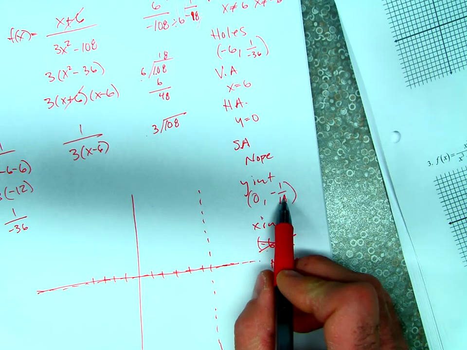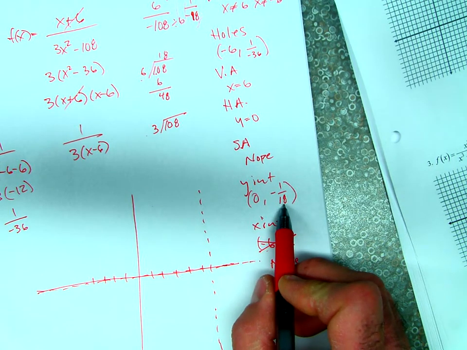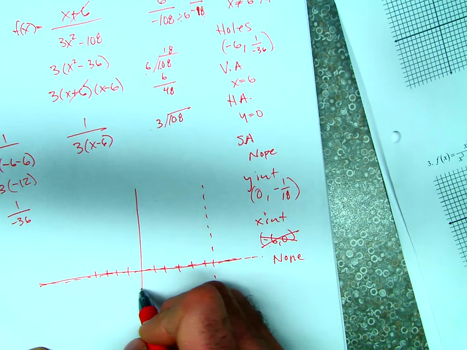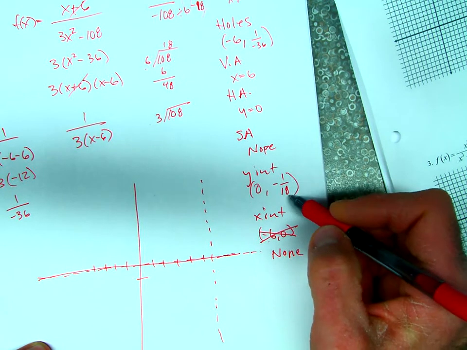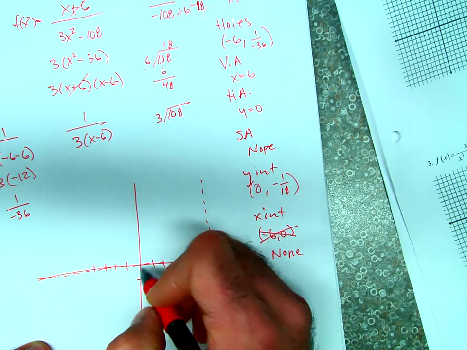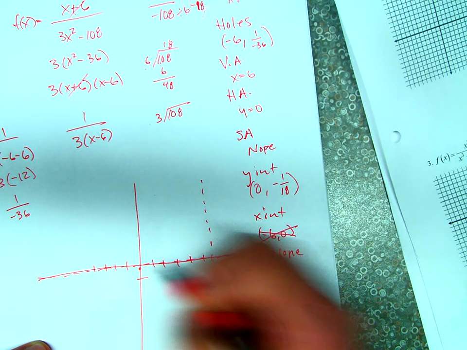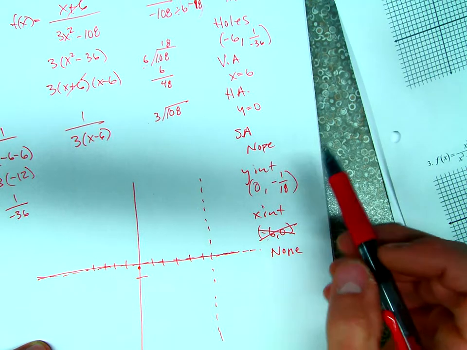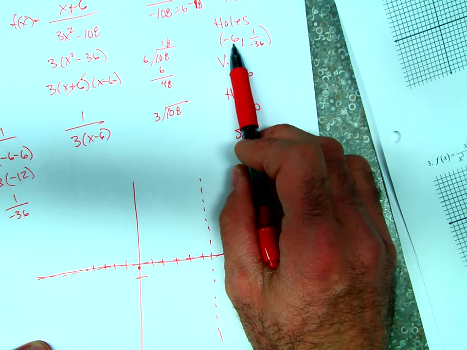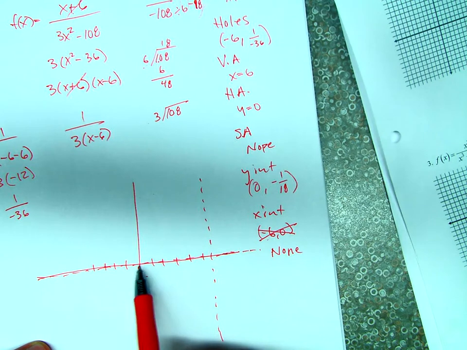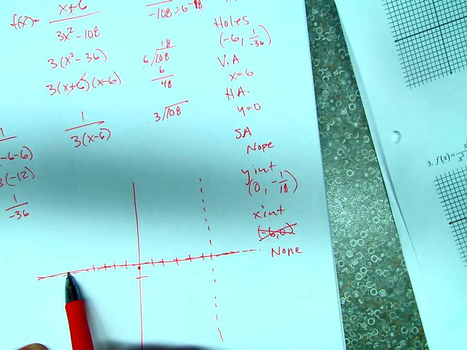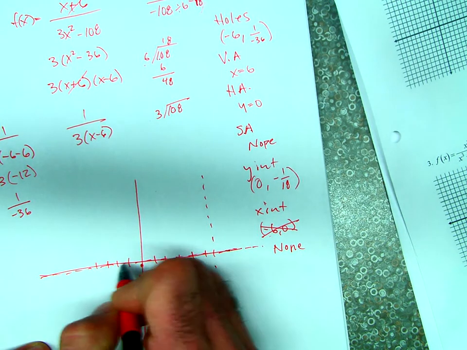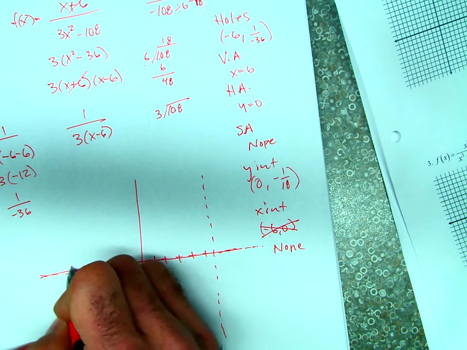The y-intercept is negative 1 over 18, which is a little number over a kind of big number. It's very close to 0. Right there is the y-intercept. We have a hole at negative 6, negative 1 over 36. So the hole is right here.